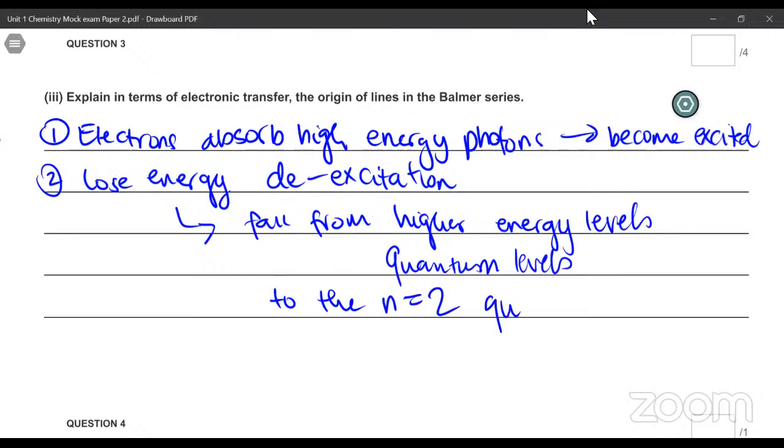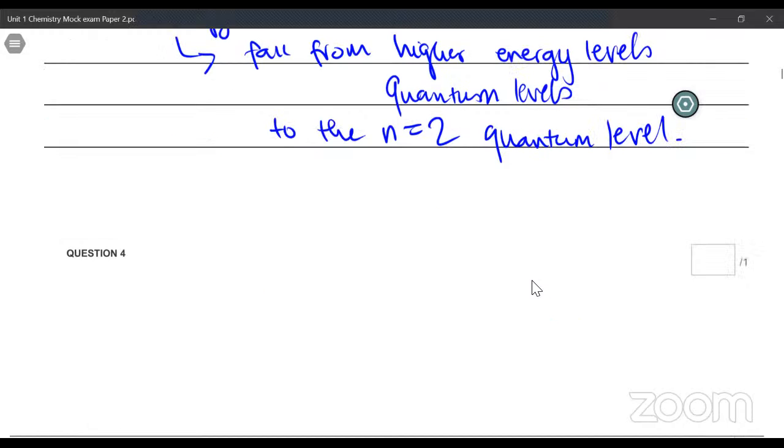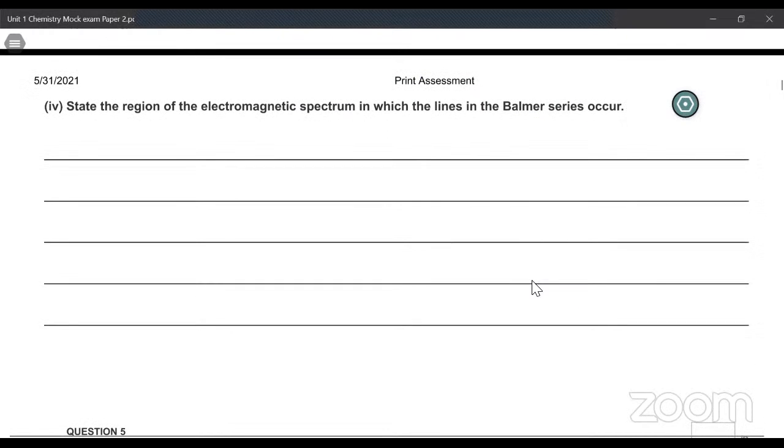All right. And through stating that, you get your marks. Now, state the region of the electromagnetic spectrum in which the lines in the Balmer series occur. And for hydrogen, this is the visible light region of the electromagnetic spectrum. So that's 1 mark. And you're good.